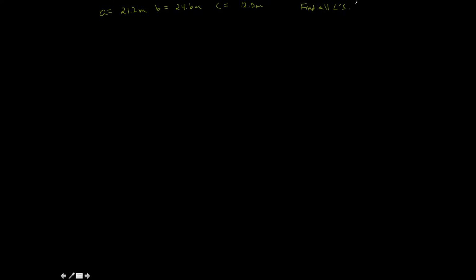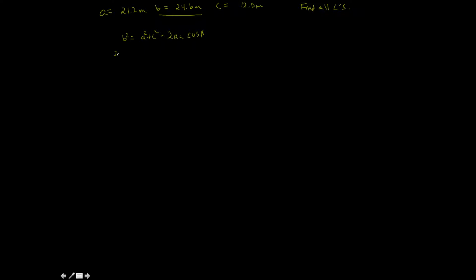So the first thing I'm going to do is look for the longest side. That's side B. Because of that, I'm going to find angle beta first because that will be my obtuse angle if there is one. So I'm going to use my law of cosines, which is this right here, and I'm going to use it to find angle B because I know all the sides.